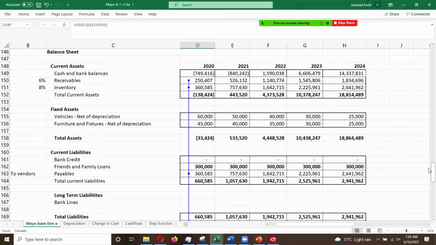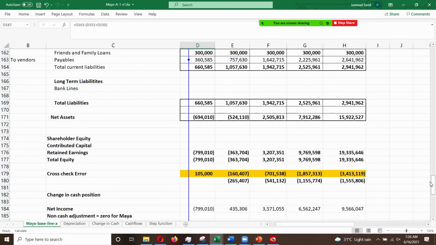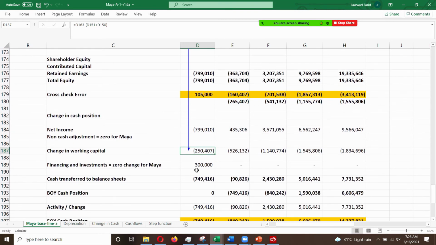So you got these two components, and then you got payables, and payables is 360,585. So what do you think we should do here? Are we using cash? It appears that we're using cash. But the difference here is indicating that that may not be the case, right? There might be something else wrong.